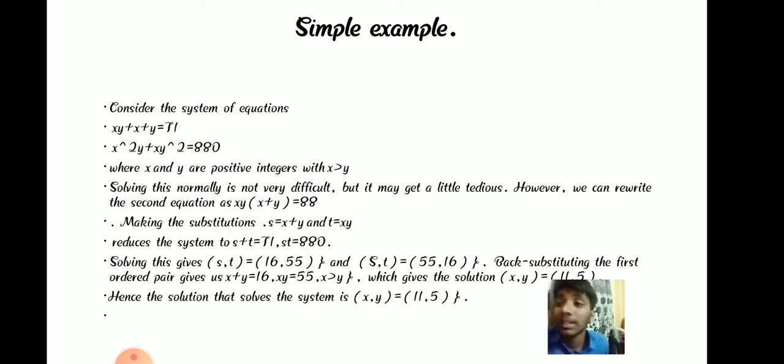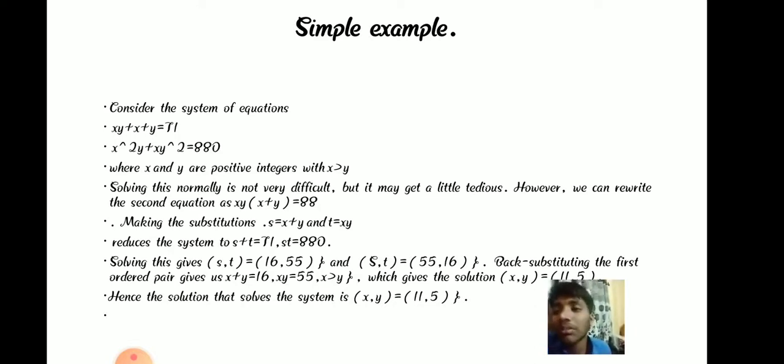However, we can rewrite the second equation as xy into x plus y equals 880. Making this substitution s equal to x plus y and t equal to xy reduces the system to s plus t equal to 71, s into t equal to 880. Solving this gives s comma t, which is 16 comma 55 or 55 comma 16.